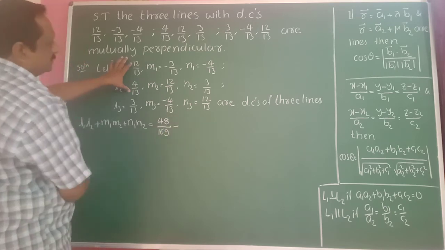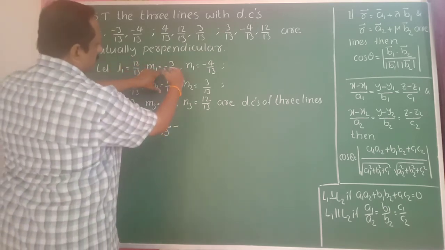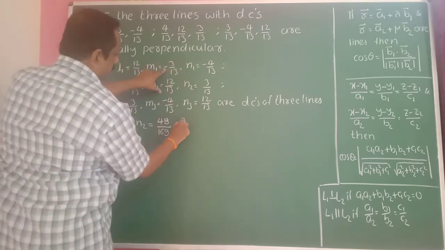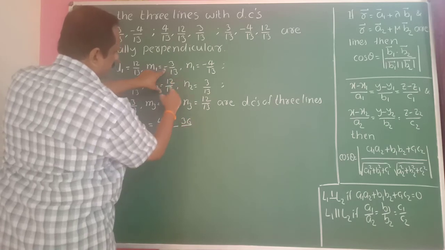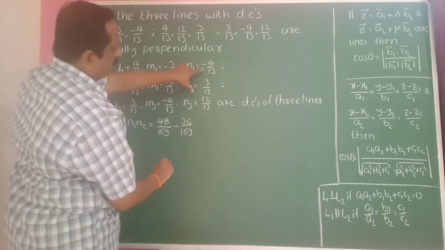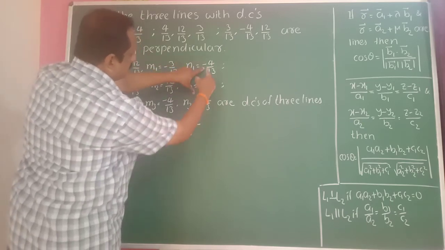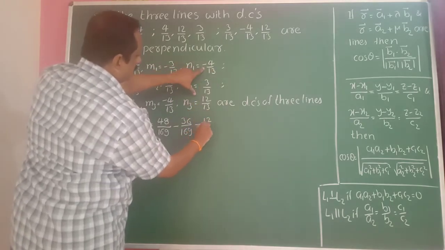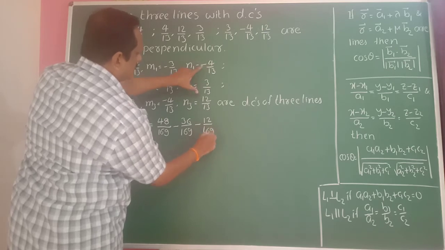Then minus, because minus n is there, 12 threes are 36 here, divided by 13 into 13 becomes 169. Then again minus n is there. So write here minus 4 threes are 12 divided by 169.